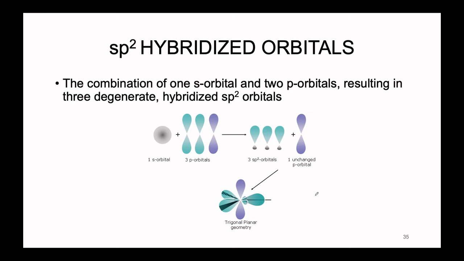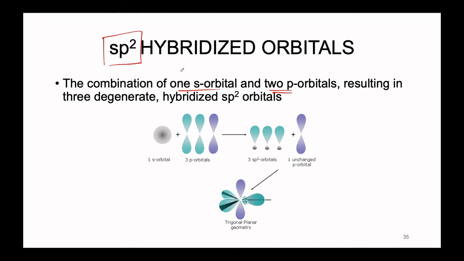All right, so we've been talking a lot about the sp3 hybridization. Let's turn our attention to the next set of hybridized orbitals, the sp2 hybridization. So this is what occurs when we have a combination of one s orbital and 2 p orbitals, and these result in 3 degenerate hybridized sp2 orbitals.